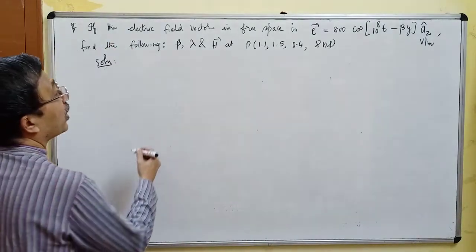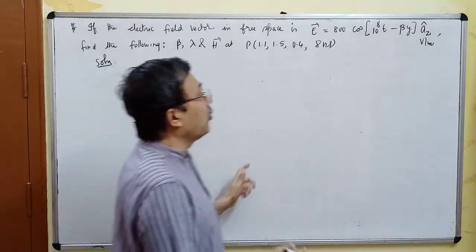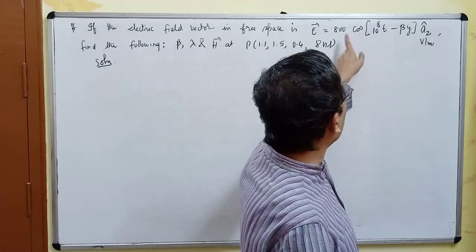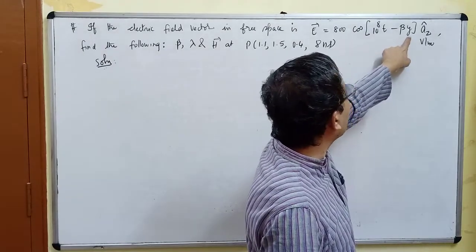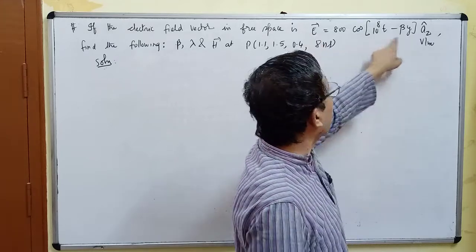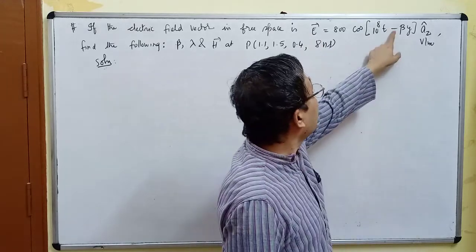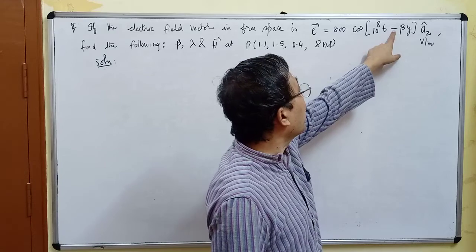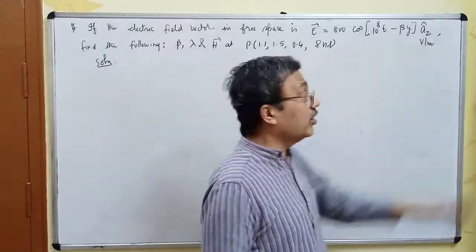Solution. See here, the wave is propagating in which direction? The wave is propagating in the y direction because vector E is a pure function of y. The minus sign indicates that the wave is propagating in the positive y direction.